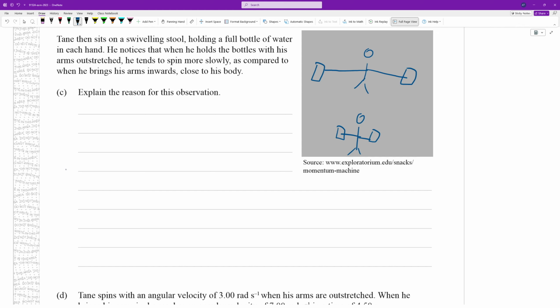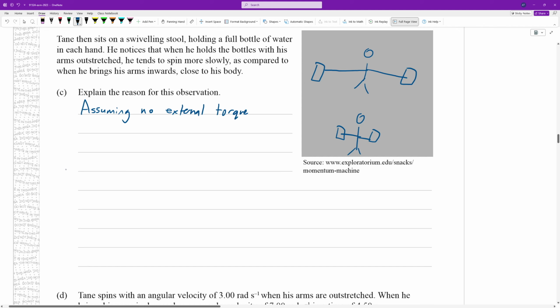So this is a classic angular momentum question. So let's start by saying we assume momentum is conserved. Assuming no external, instead of forces, we can use the word torques because it's rotational motion now.